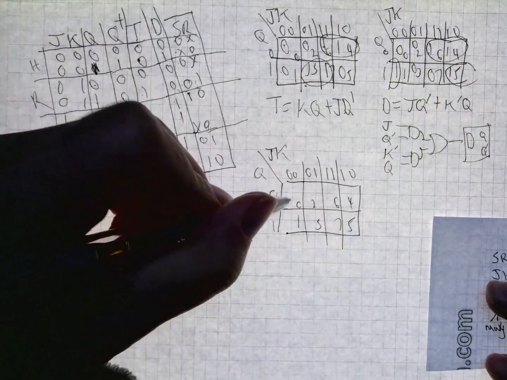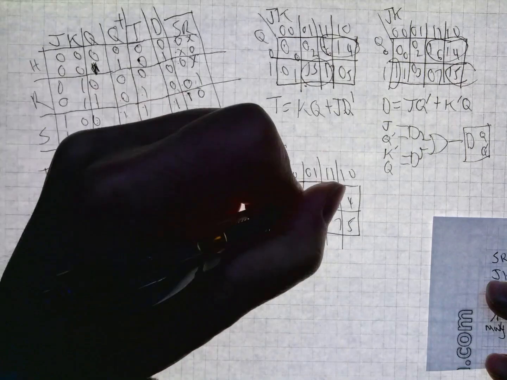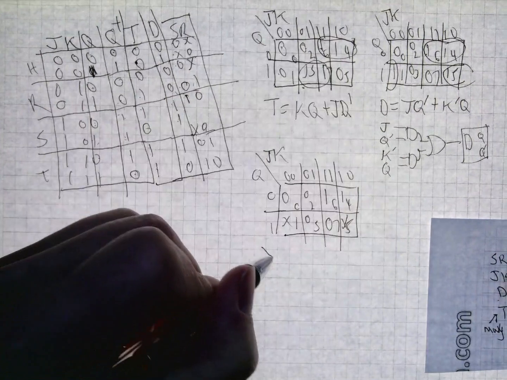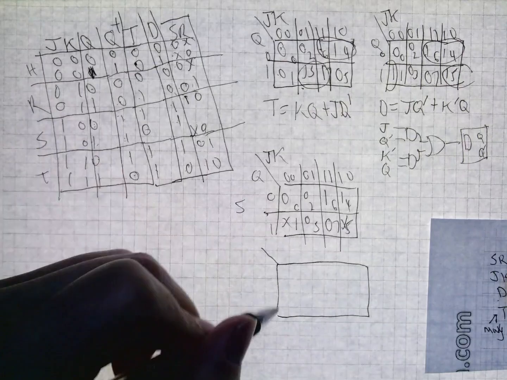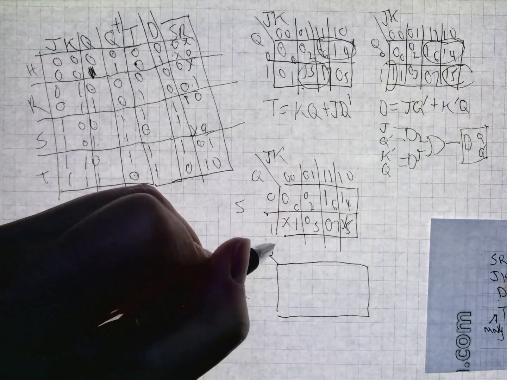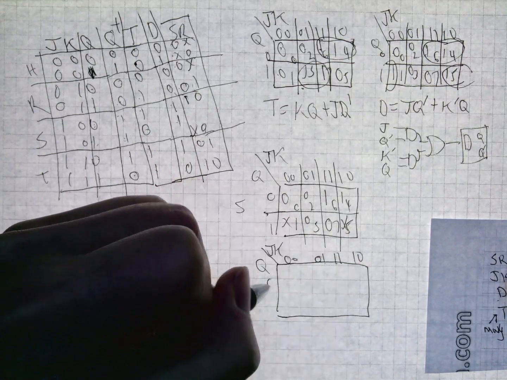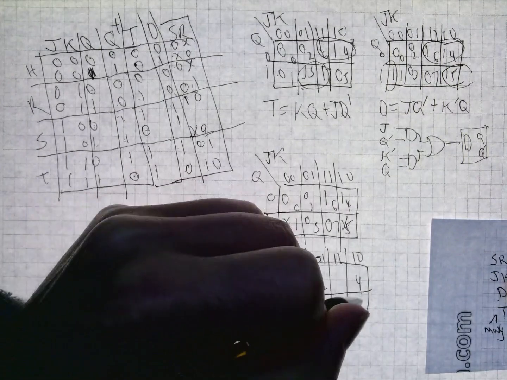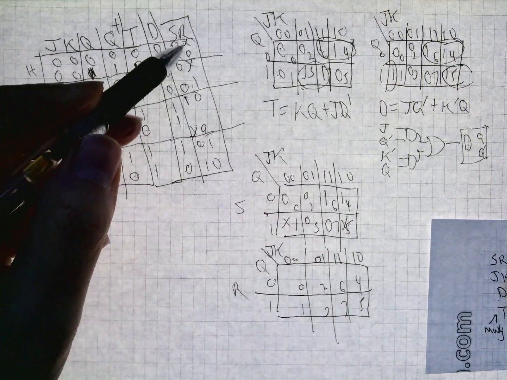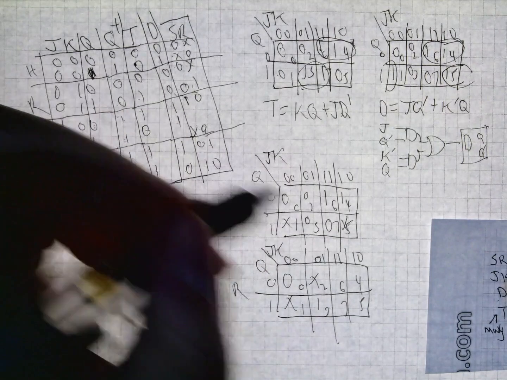0X 00, 1X 10, and similarly, you'll do another K-map just like that. This one will be for S, and this one will be for R. 0X X1, X0 0010.